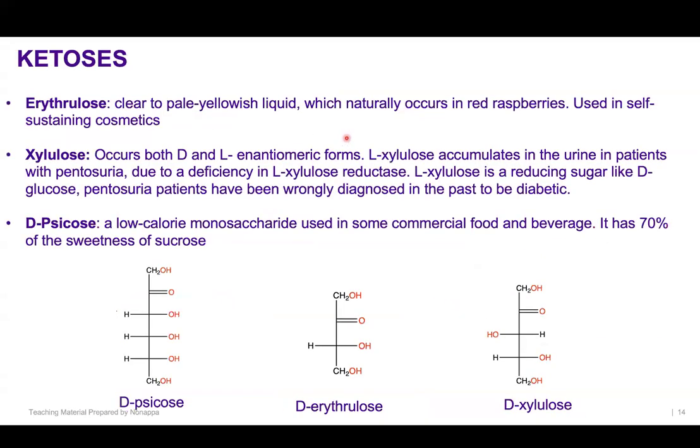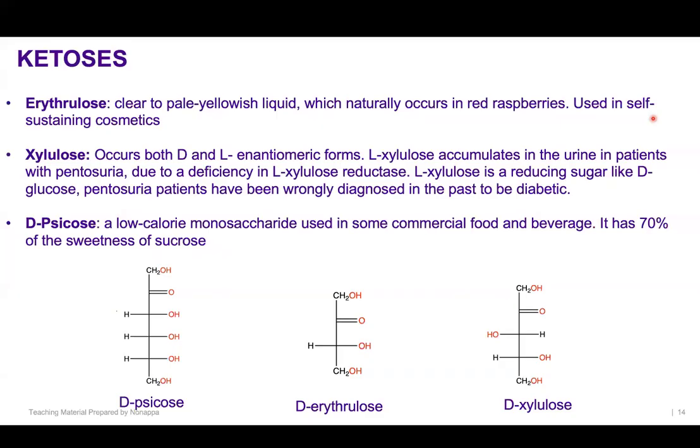So, some key points about these carbohydrates, the ketoses. This is a tetrose in this case, erythrulose. Xylulose is a pentose, and then we have a hexose. This is a pale liquid which occurs naturally in raspberries.